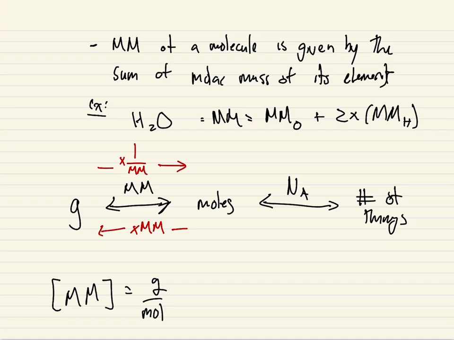And so then if we're going from moles to number of things, how do we use Avogadro's number? The units for Avogadro's number were things per mole. So how do we use Avogadro's number if we start with moles and we want to end with number of things?